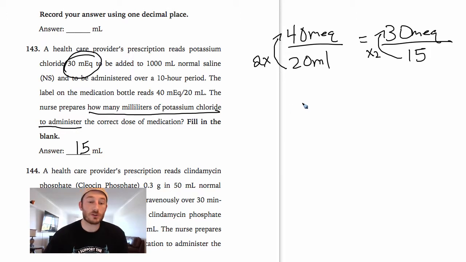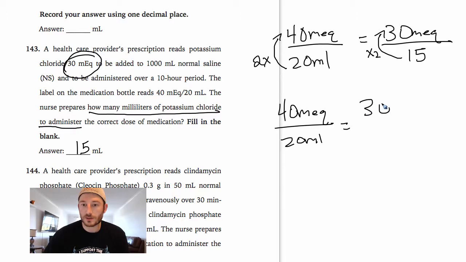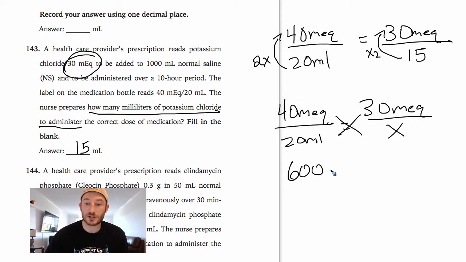If you didn't know that, you literally could just do cross multiplication like you did in high school. You could do 40 MEq all over 20 ml, and we want 30 MEq. We don't know how many mLs it is, right? Cross multiply, so top times bottom. That's going to be 30 times 20, which is 600.